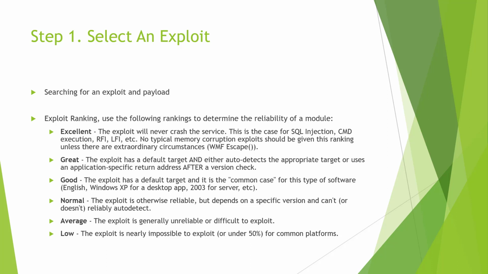Good, the exploit will have a default target and is using common sense, and again, normally doesn't crash. Normal is reliable, but may not be able to do certain things. Average and low, you want to stay away from them because they may be unreliable or very difficult to exploit, or the exploit itself is unstable.